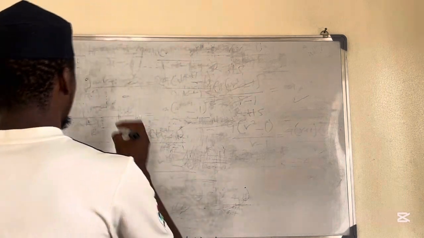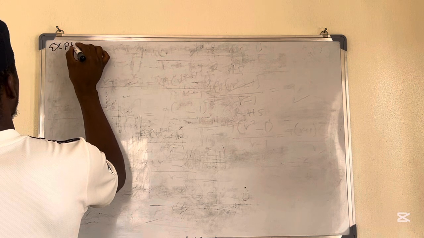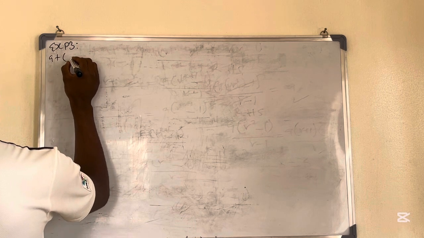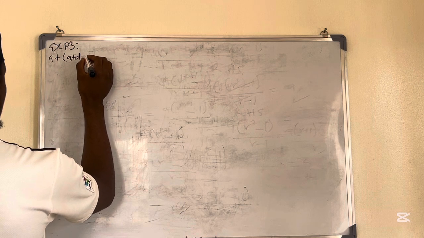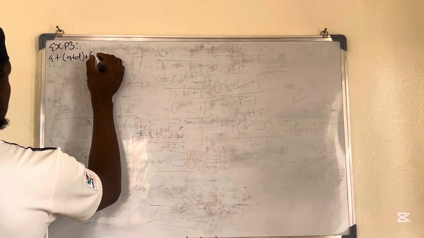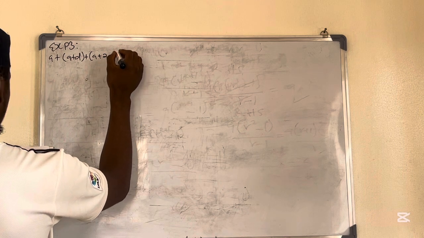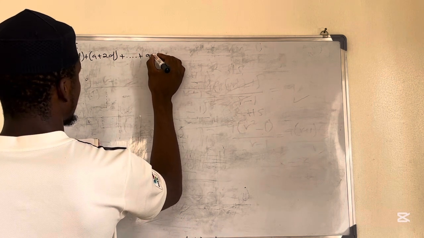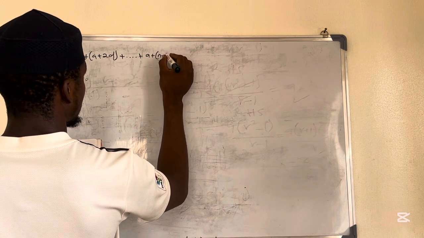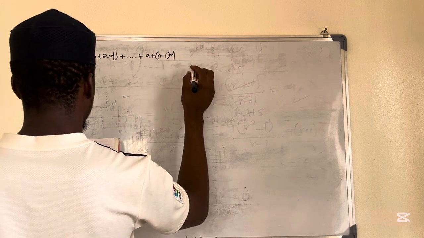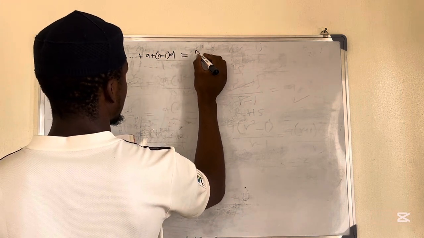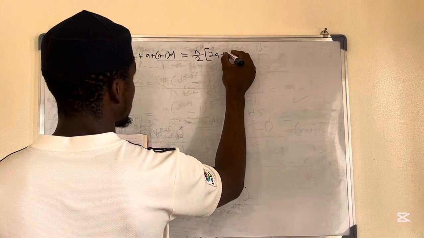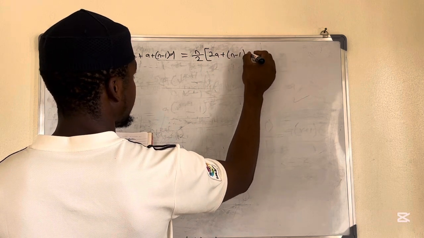We have to prove, in example 3, that a plus (a plus d) plus (a plus 2d) plus dot dot dot, plus (a plus (n minus 1)d), is equal to, on the right hand side, n over 2 into (2a plus (n minus 1) d).